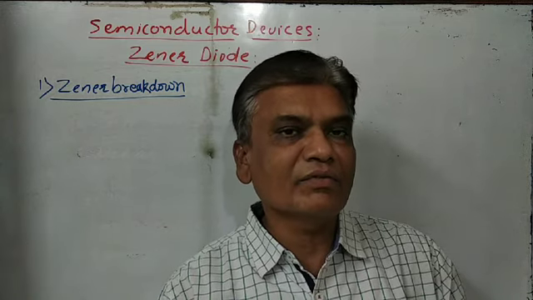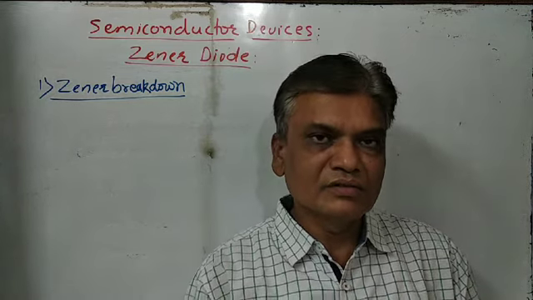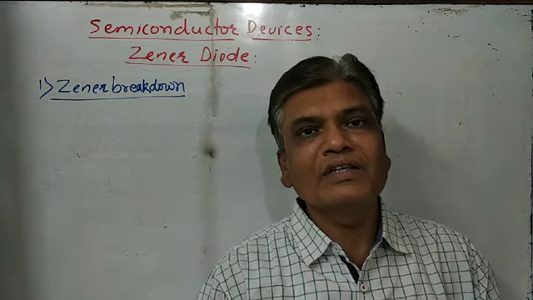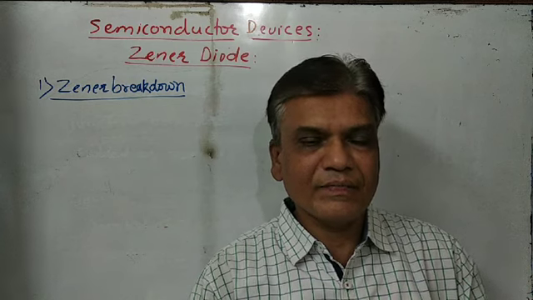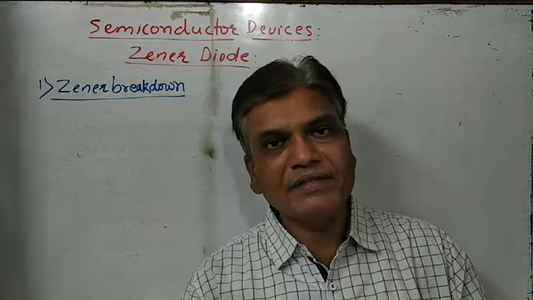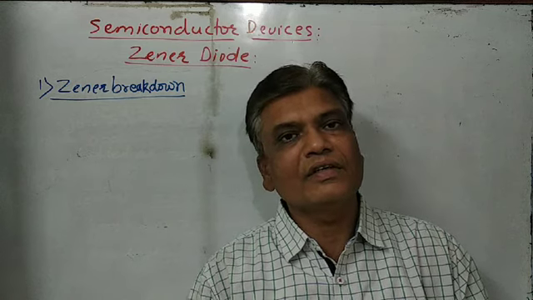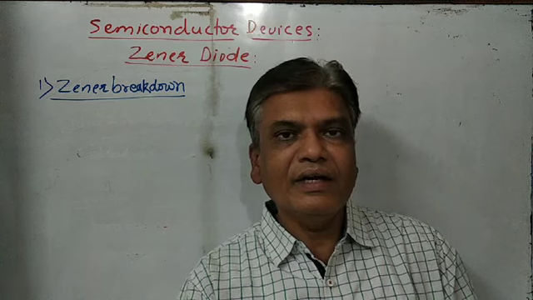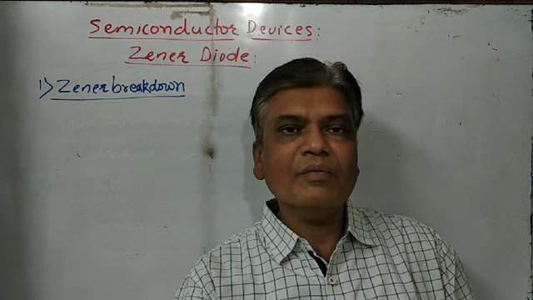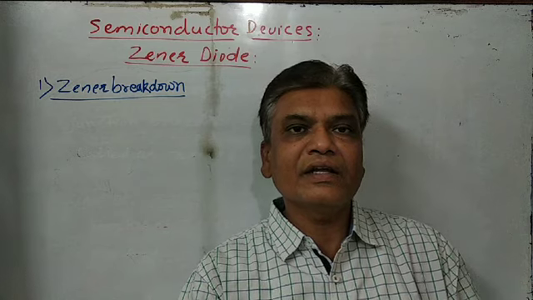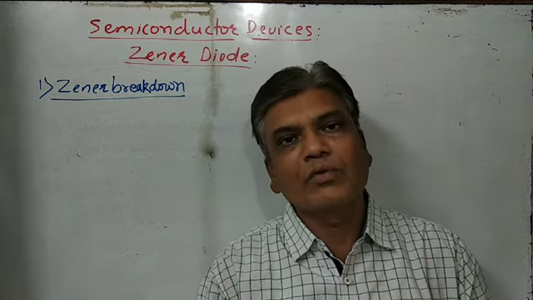Why do they separate from the covalent bond? Because the covalent bonds hold the semiconductor together, and when we increase the reverse bias voltage, the electric field also increases, and a force of attraction is exerted on the negatively charged electrons, so they separate from the covalent bond.